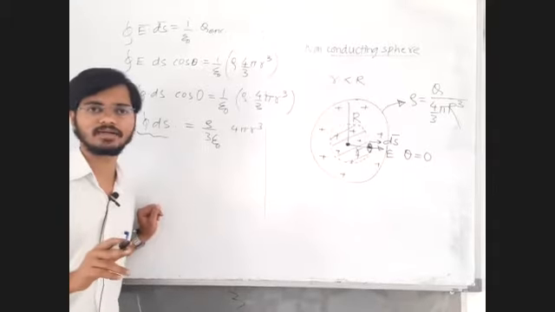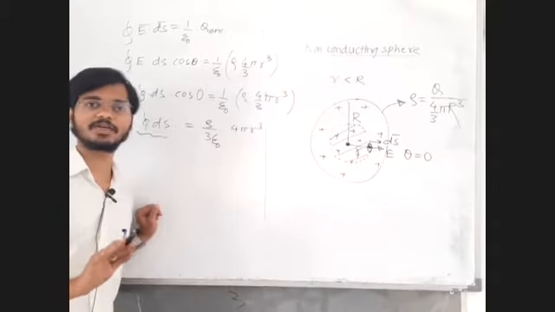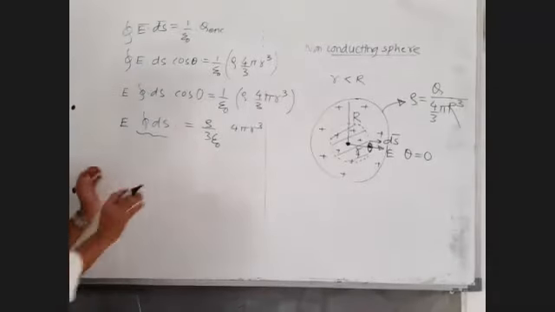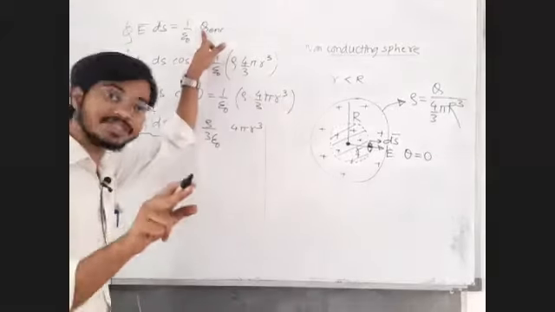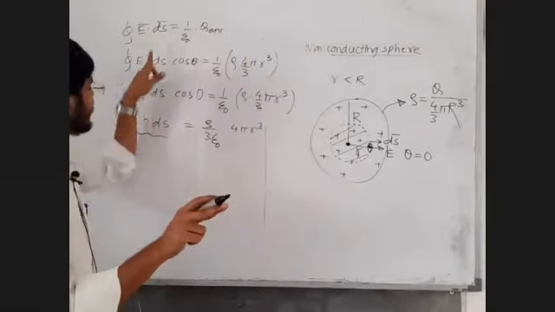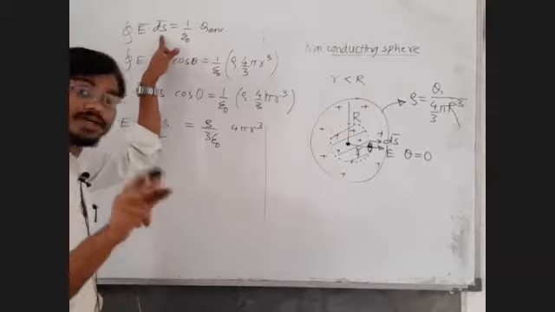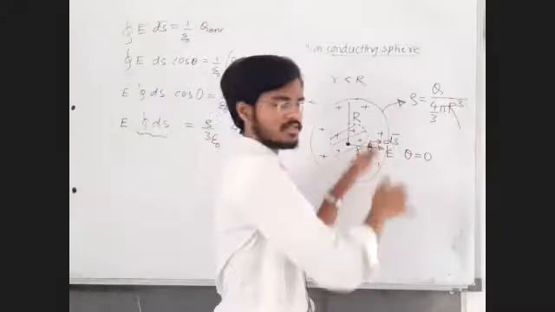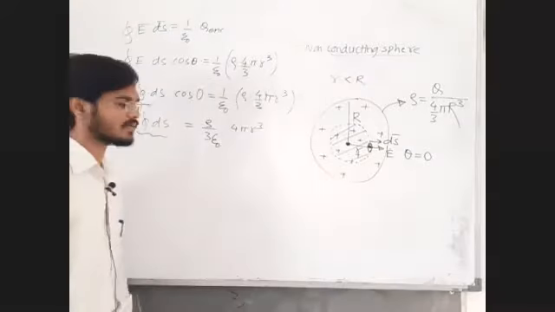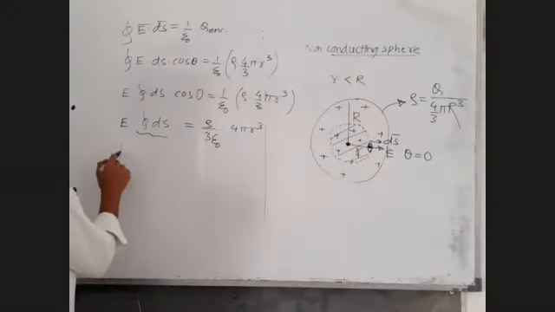Everyone, no confusion. Now all of you are giving the correct answer. This integration is over the Gaussian surface. All these things are charged and enclosed inside the Gaussian surface. Sometimes the Gaussian surface is outside, sometimes it is inside, so according to that you have to deal with it.